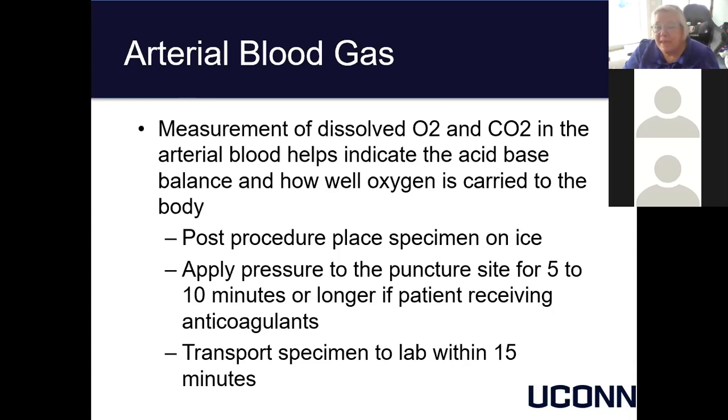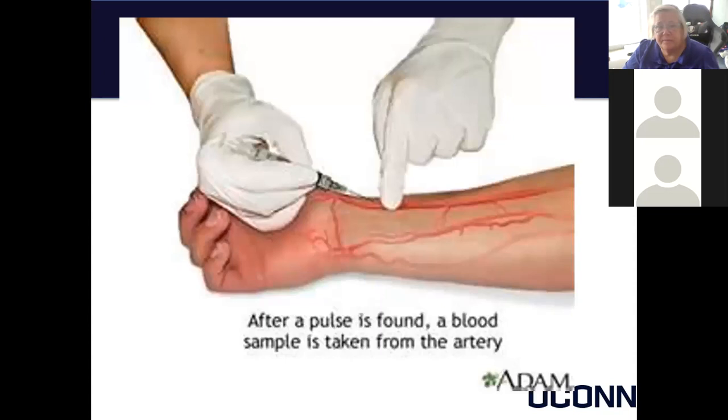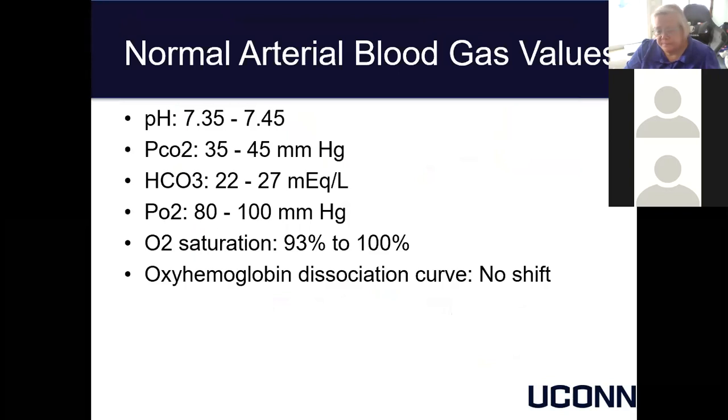Either way, make sure it gets off the floor on its way to the lab, because if it sits around, it's not valid. So here's a demonstration. Again, in most hospitals, APRNs, PAs, and respiratory therapists more often are doing them nowadays, but it's fairly straightforward.